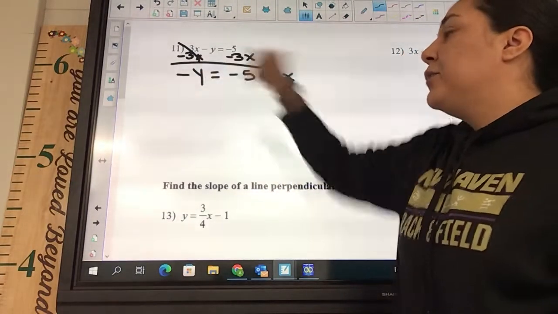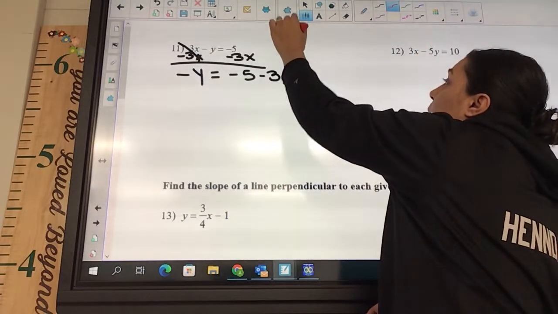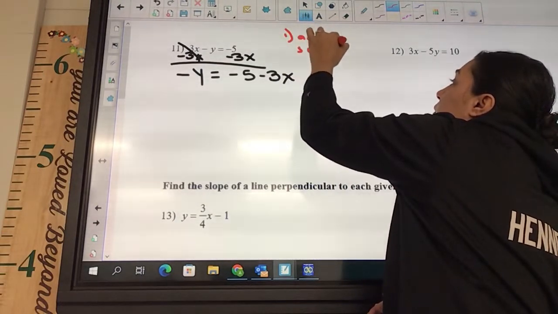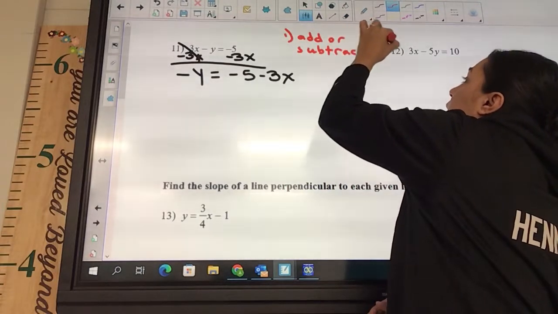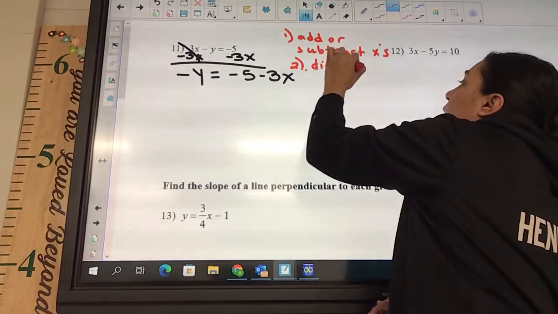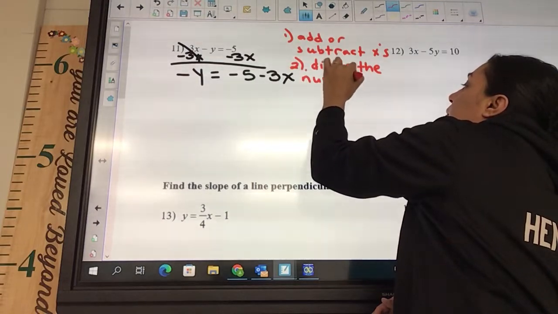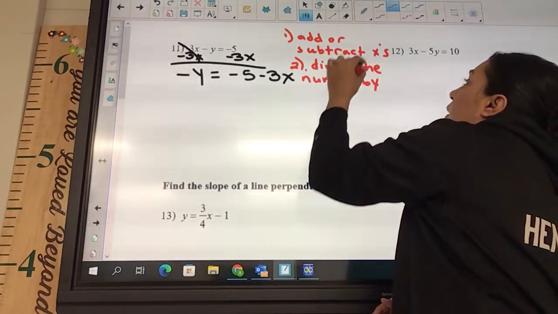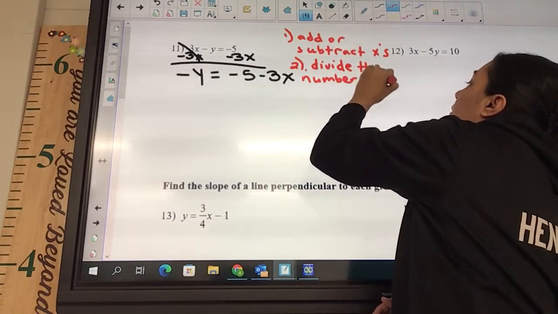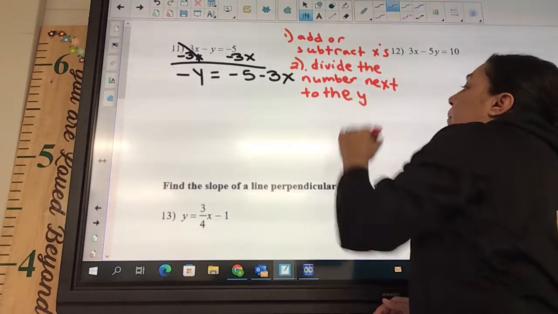You're always going to add or subtract the x's on any of these problems that are in standard form, and then you're going to divide by the number next to the y.